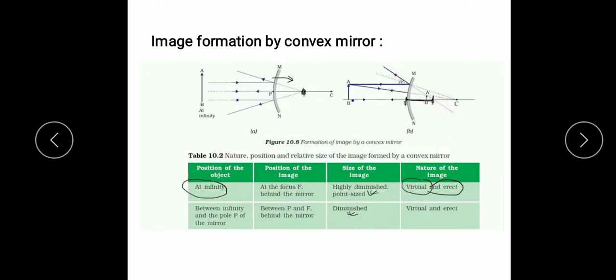The nature of the image is virtual, erect, and diminished. The size of the image is very small, that is called diminished. So this is about the image formation by the convex mirror. Only two cases are considered here for the position of the object.